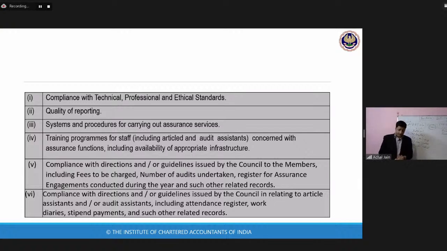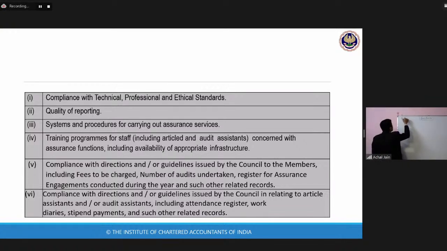Okay, first, in terms of their applicability in relation to the peer review, we can start with level 1. Level 1 means the level 1 entities or the level 1 practice units.